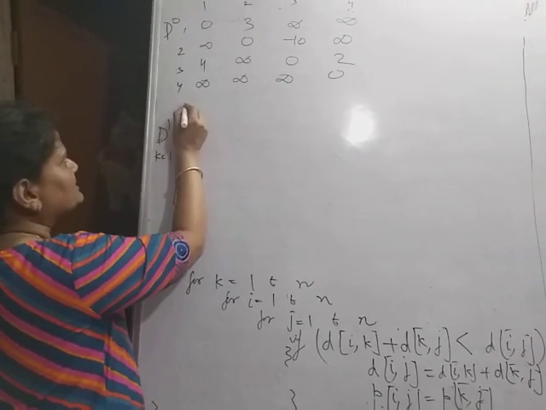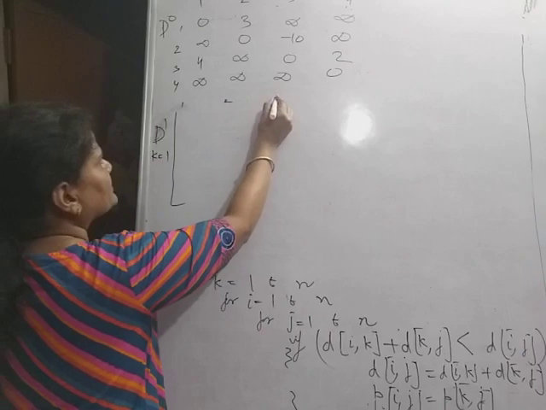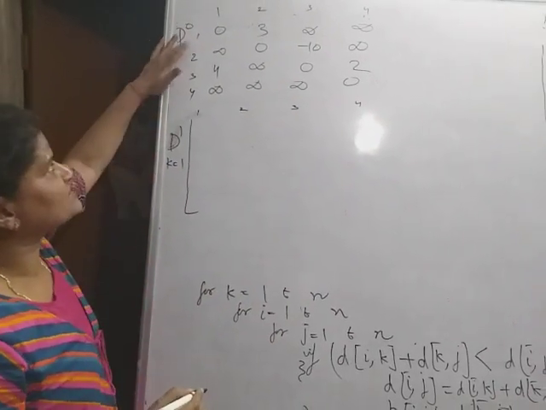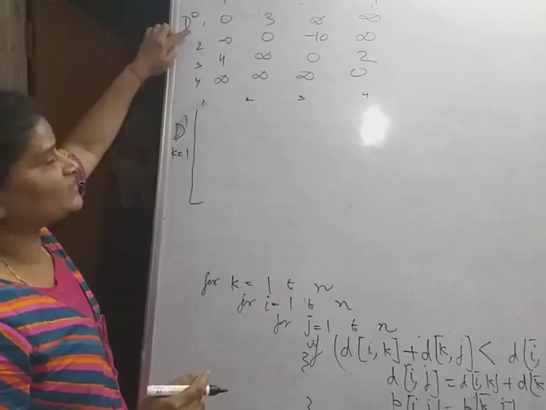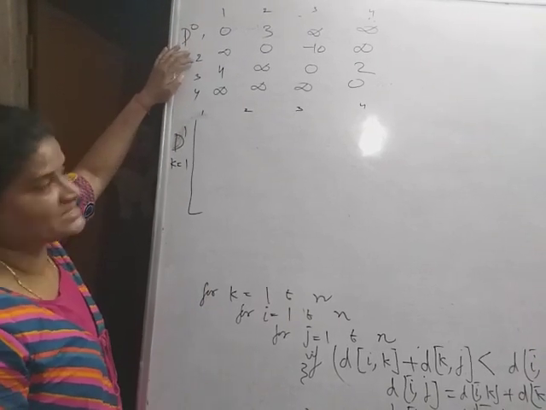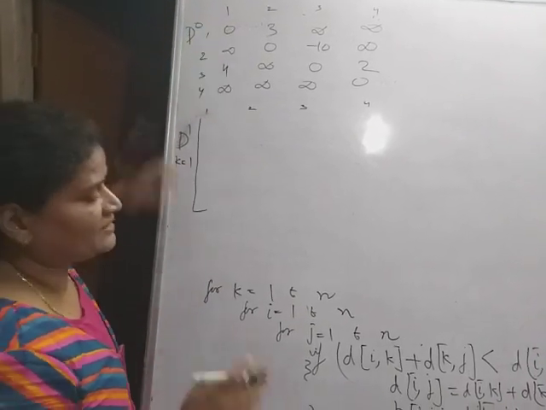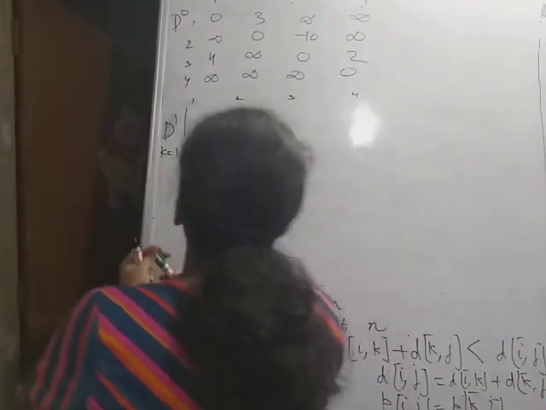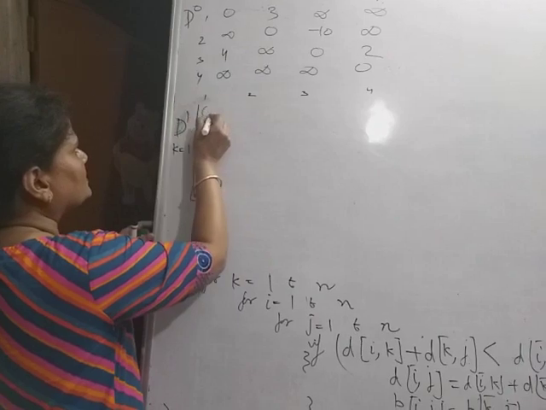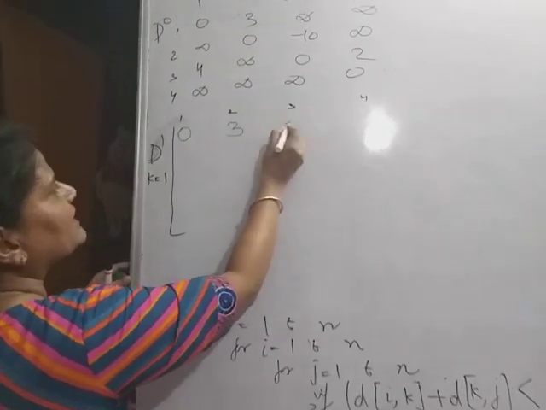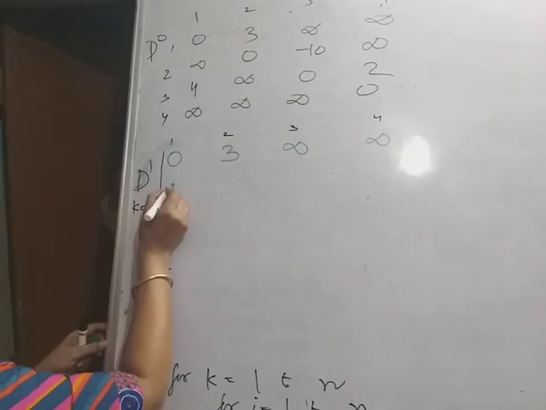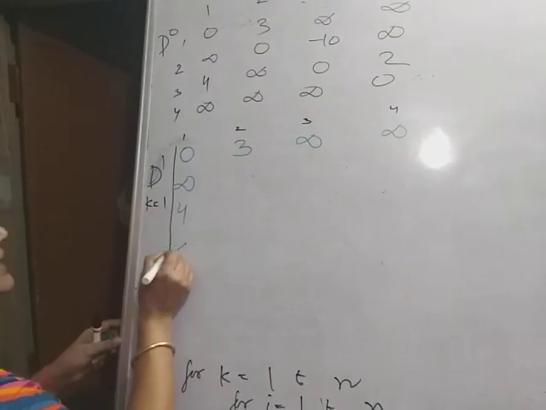The intermediate vertex cannot be the source or destination vertex, so the first row and first column are copied. The first row is 0, 3, infinite, infinite, and the first column is 0, infinite, 4, infinite.